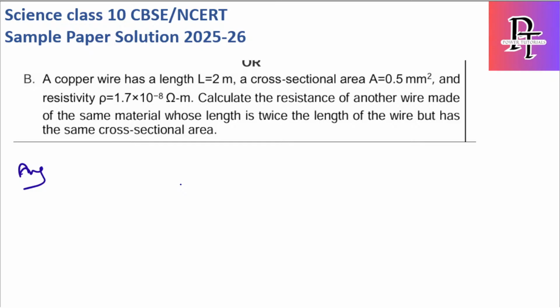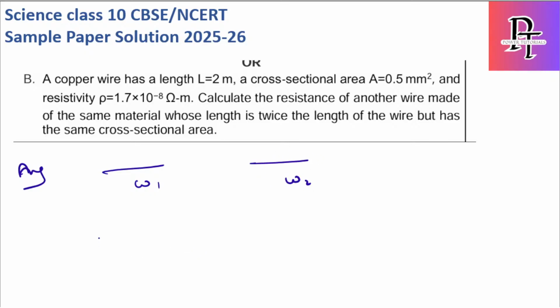We want to calculate the resistance of another wire made of the same material whose length is twice the length of the first wire but has the same cross-section area. So simply we have two wires, wire 1 and wire 2. For wire 1 they have provided the details and are asking for the resistance of wire 2.